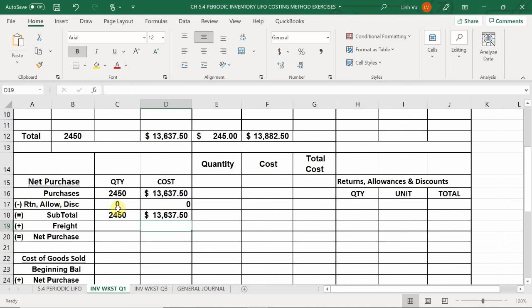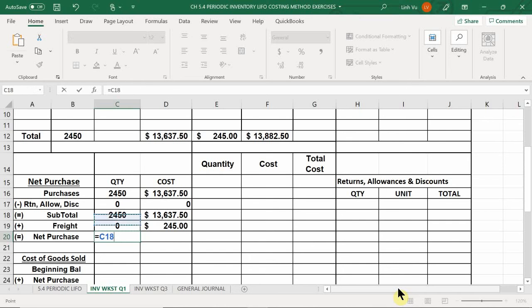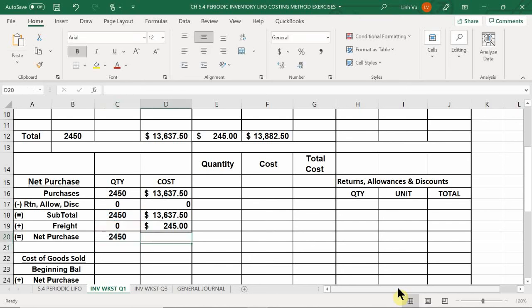Then we add our freight. Freight adds nothing to quantity, but it adds to the cost, which in this case was $245. When you add these values together, you get total net purchases of $13,882.50.